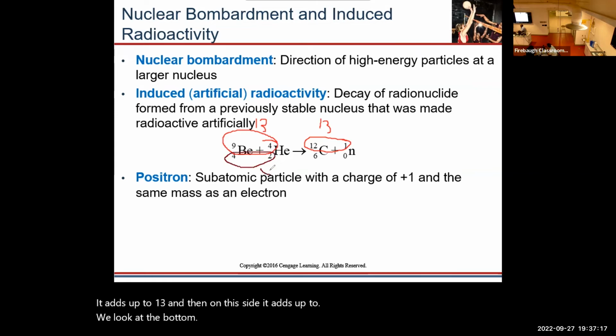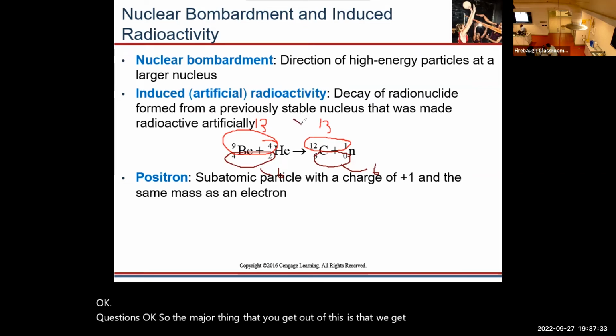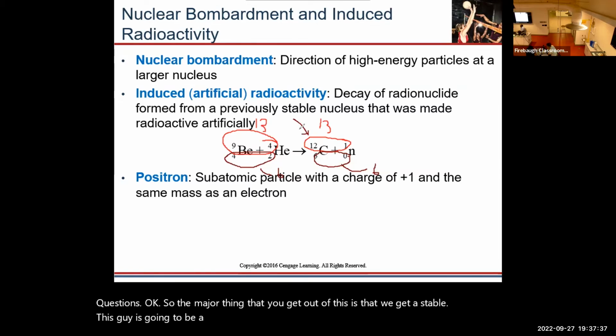The bottom adds up to 6, and on this side it adds up to 6 as well. Questions? The major thing you get out of this is a stable nucleus, a stable isotope.